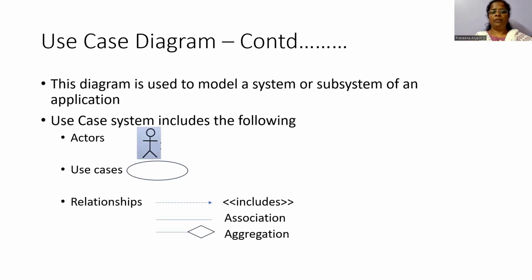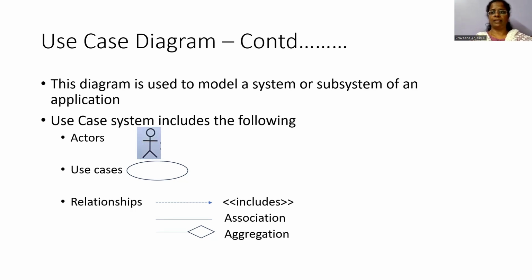In a use case diagram, we have the following things: actors, use cases, and the relationships between the actors and use cases. Let me tell you what is meant by actors. An actor is whoever wants to communicate with a particular system. What is meant by use cases?